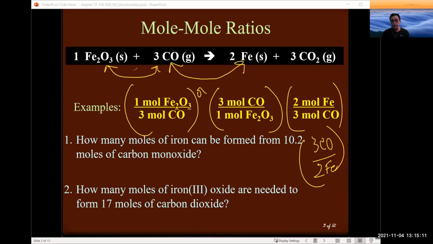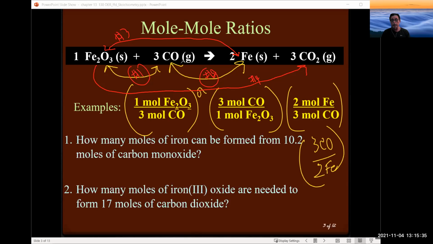This one right here. So this is number 1 relationship, and then we got a number 2 relationship that we just did. But also you have the relationship between the iron 3 oxide and iron, okay? That's number 3 relationship. And then the iron 3 oxide and carbon dioxide, and that's number 4 relationship.